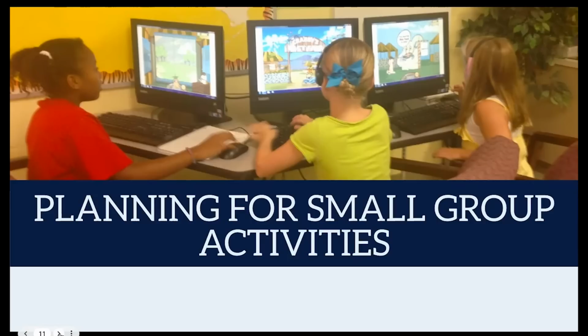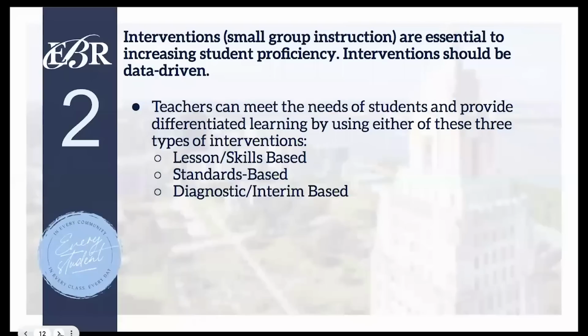So now I've studied my standards, I'm ready. So I have an idea of what those expectations are for my students. And that's going to help be part of my guideposts with planning for small group activities. So my next step is to think about those small group activities, or as we like to refer to them as interventions. What are they going to look like?